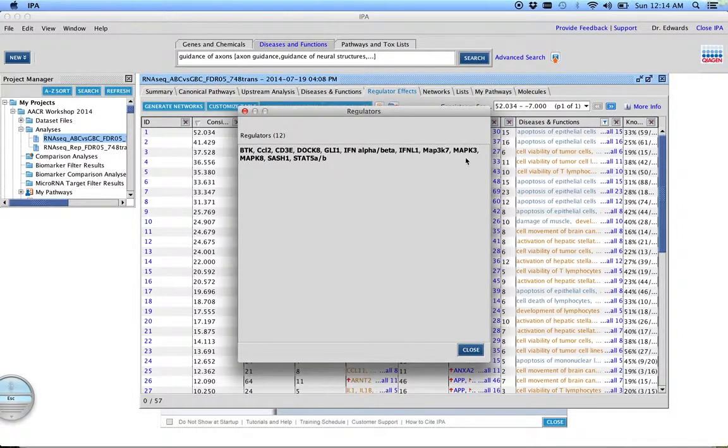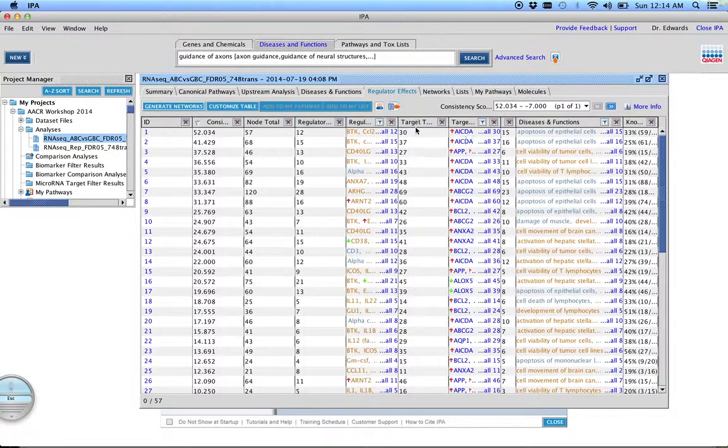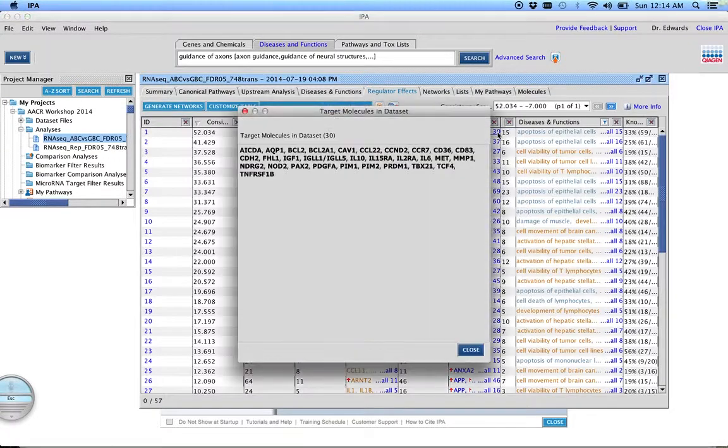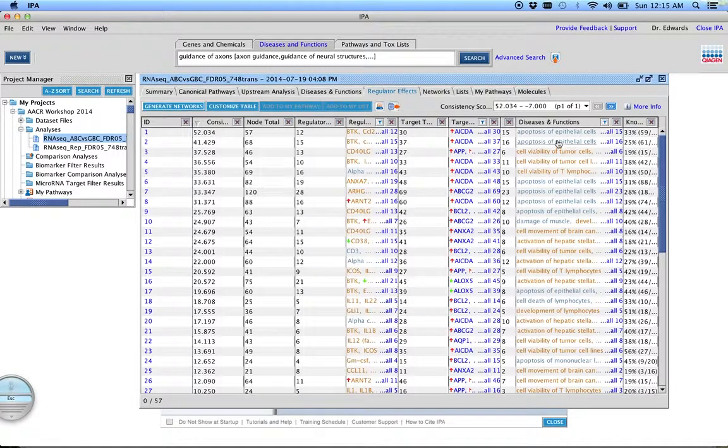So these are the upstream regulators that we might not be measuring directly, but we believe are associated with our study. The number of target genes, here are the target genes for those. So this is what we're using in our data set that are common targets for all of these upstream regulators. And these are the diseases or functions that are common between those.